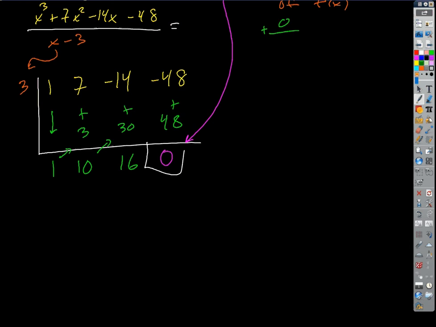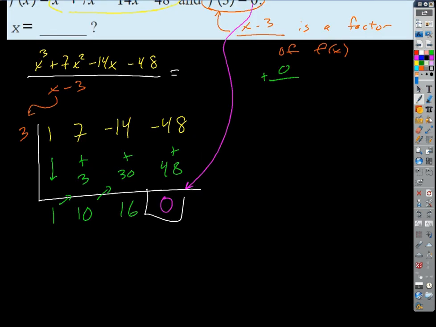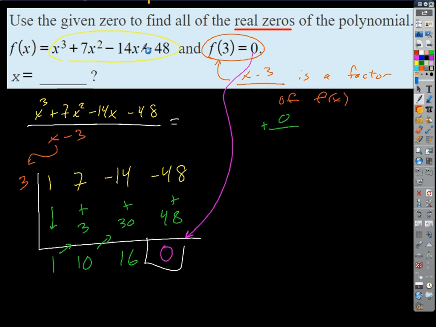It's telling me that if I divide the yellow polynomial by the orange factor, I get the result 1x squared plus 10x plus 16, right? That's what those numbers at the bottom mean. They're the coefficients.